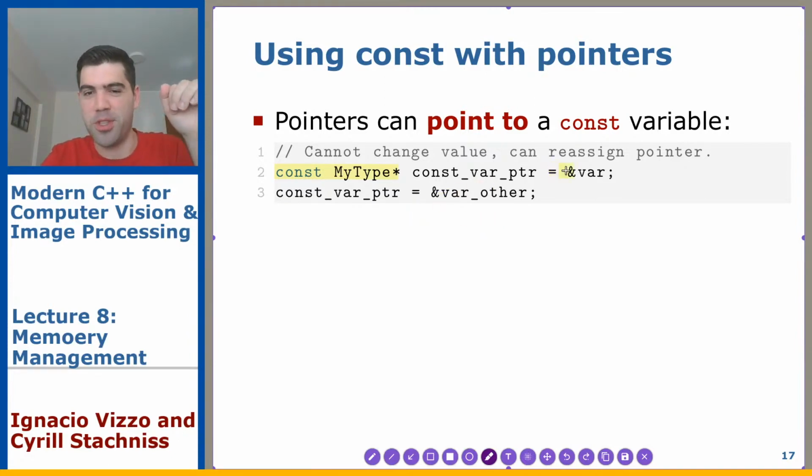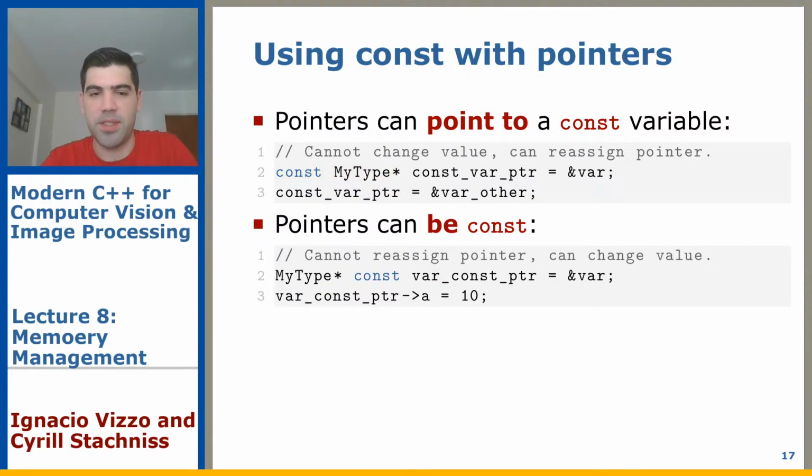This is a mess. So there is a variable declared somewhere here that is const, and whenever you do const, the const becomes part of the type of the variable. So if you want to point to this variable, you need to create a pointer to a const my type.